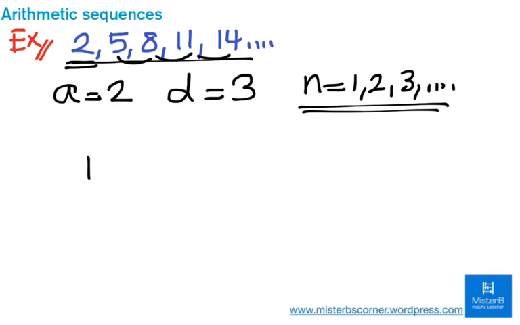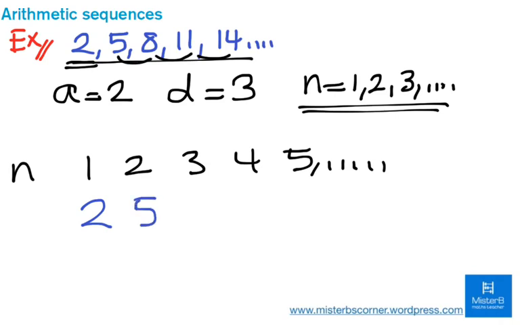Something like, we have 1, 2, 3, 4, 5 for n, and we have here 2, 5, 8, 11, 14, and so on. So this is the sequence.